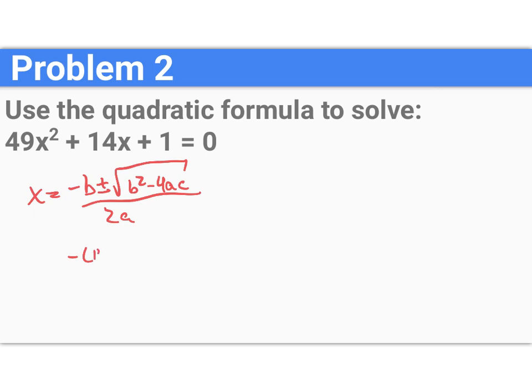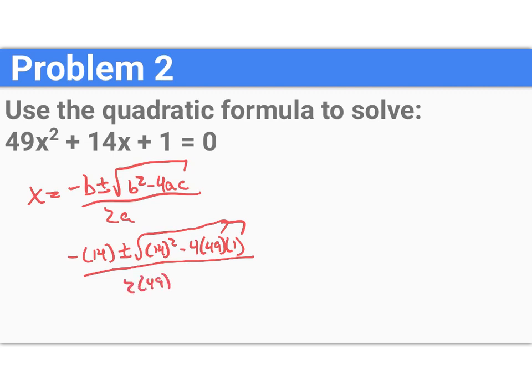So negative 14 plus or minus the square root of 14 squared minus 4 times a times c, all over 2 times 49, which equals negative 14 plus or minus the square root of 196 minus 50 times 4 is 200. Subtract 4, you get 196, all over 98.